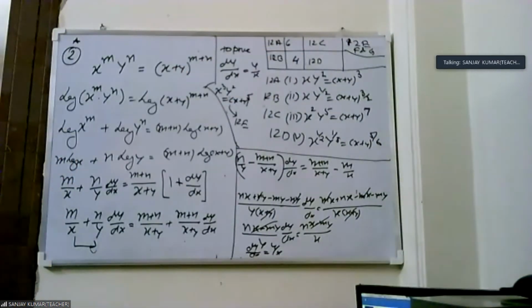Now start 12C. Yes, good, good, good. 12C: 1, 2, 3, 4, 5, 6. Ayushi, Lakshay, Dhruv, Aishwarya, 6 entries. Okay, then start 12C, only 6.